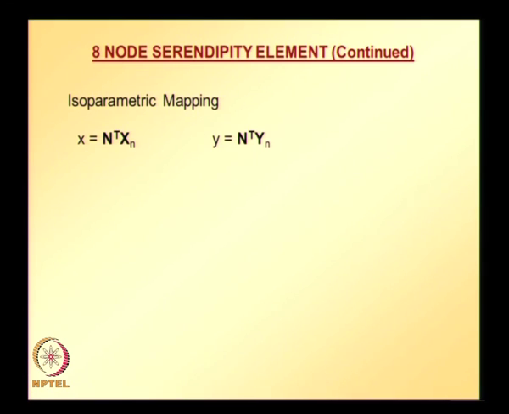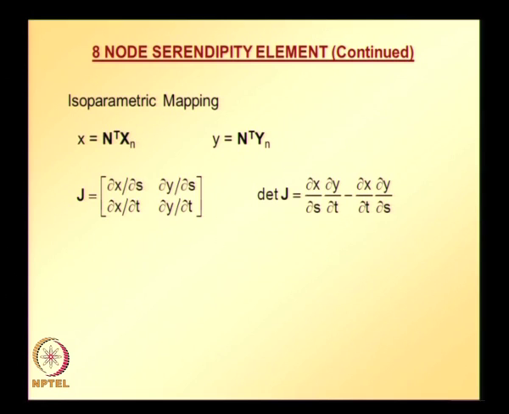So, once we have this, we can easily calculate J and determinant of J. For getting J and determinant of J, we require the derivatives of x with respect to s and t, y with respect to s and t, that can be calculated using these expressions which are given here.